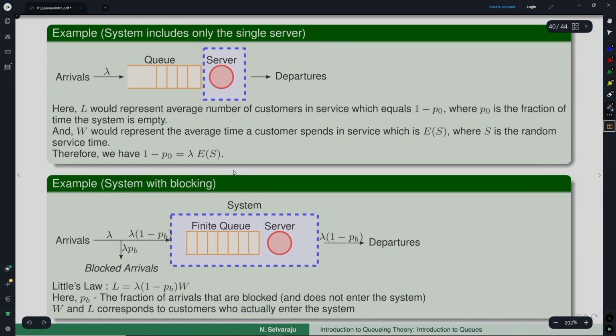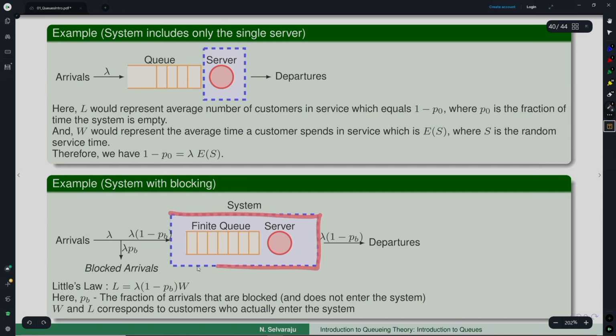Now, you can introduce more complexity. Say for example, in this particular case, if there is blocking, meaning this queuing system has a finite capacity waiting space. So, it is the finite one. We are just keeping it closed here, otherwise we could leave it as open in this particular scenario. So, now there is a finite queue and there is a server.